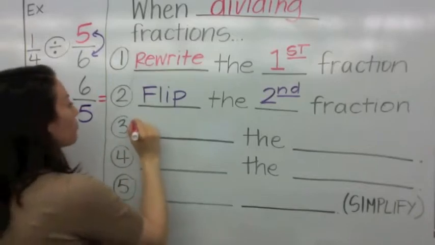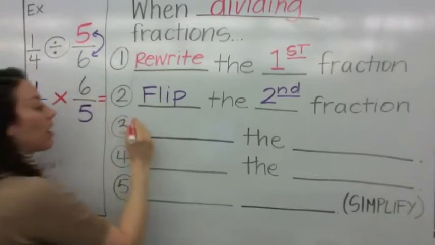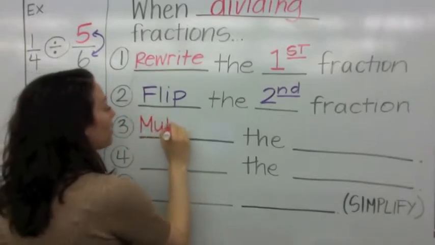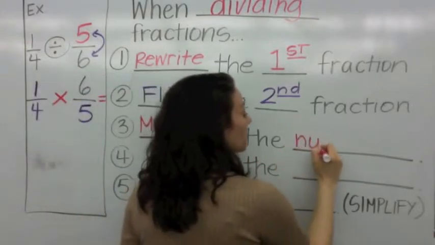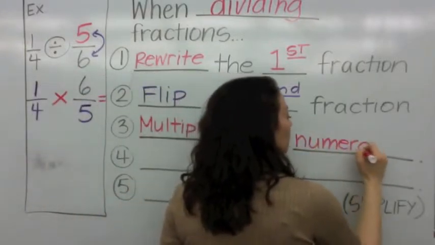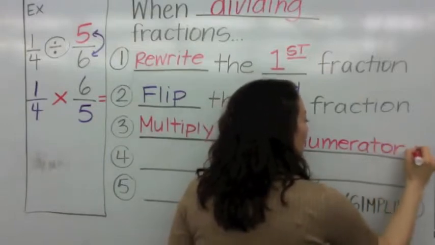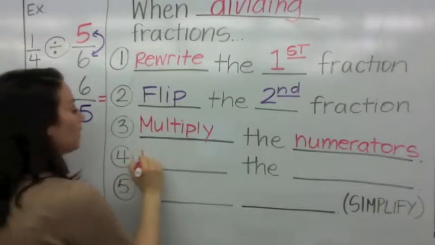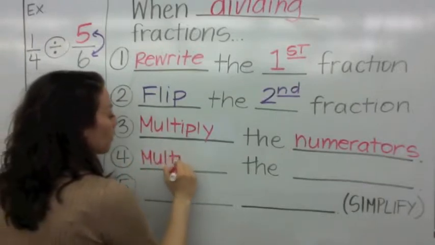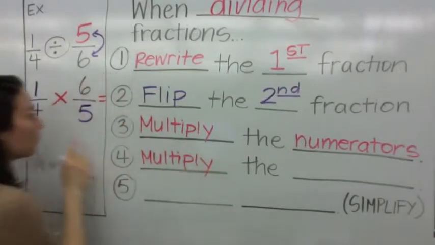So you have to first multiply across the top, which is multiply the numerators. And after you multiply the numerators, you can multiply across the bottom. What are the bottom numbers called?